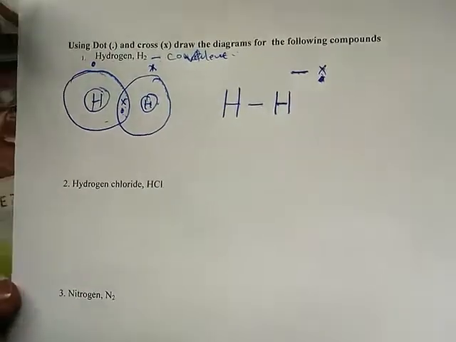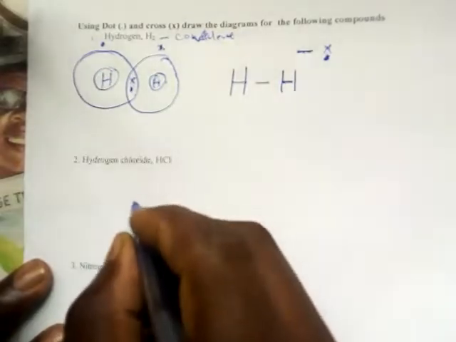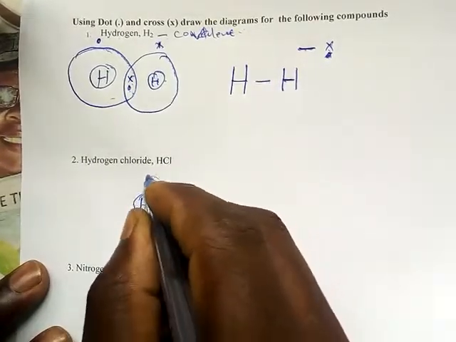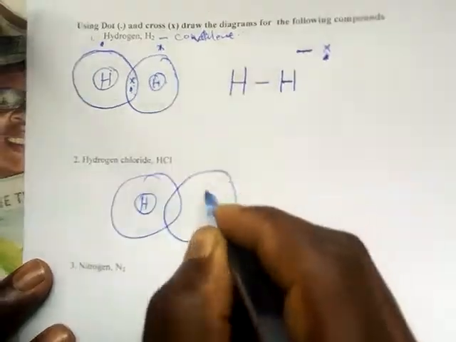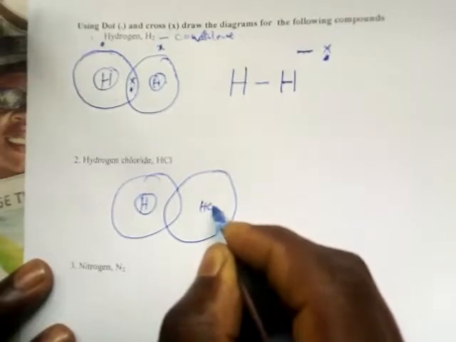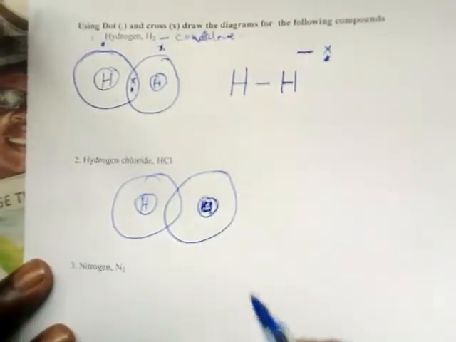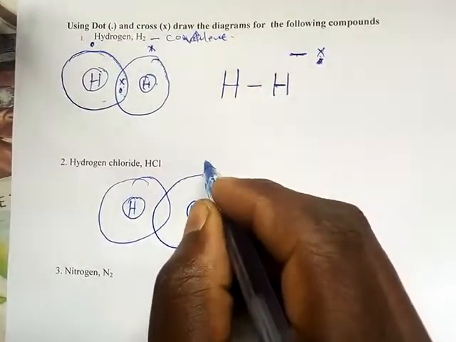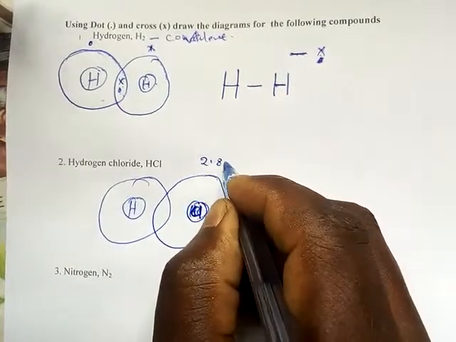Hydrogen chloride. So there we will have hydrogen in the outermost energy level, and HCl. Chlorine is atomic number 17, so you write the electron configuration.